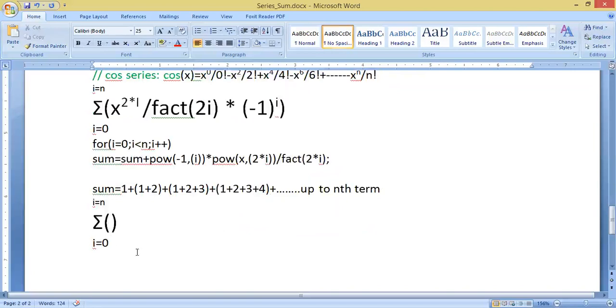Sir, make i equal to 1, and inside the sigma a double sigma will be running. Suppose we have done i is equal to 1, and inside the sigma another sigma is there, which will run from 1 to i. Very good. The second sigma will run from j is equal to 1, and I have to mention its final limit over here.